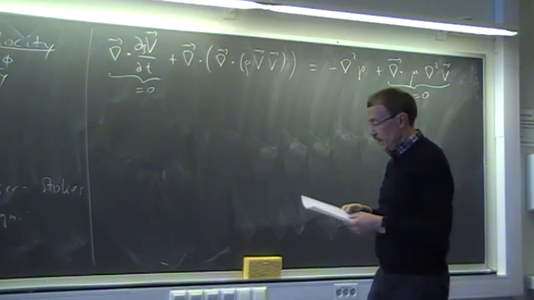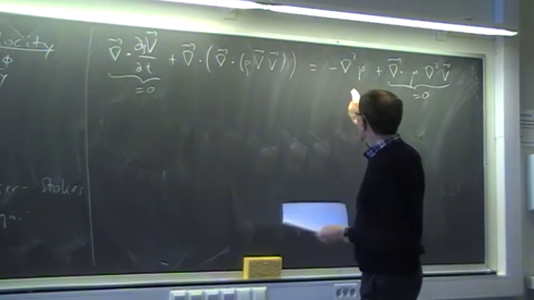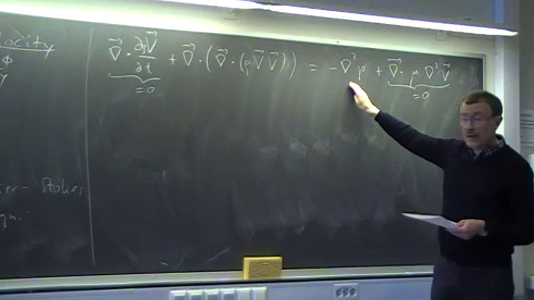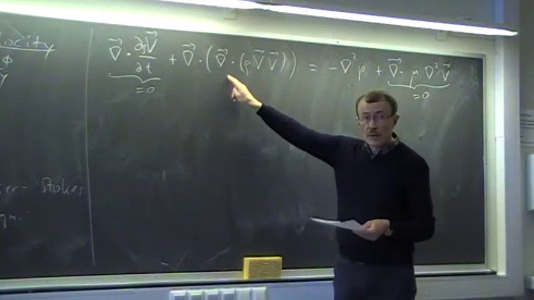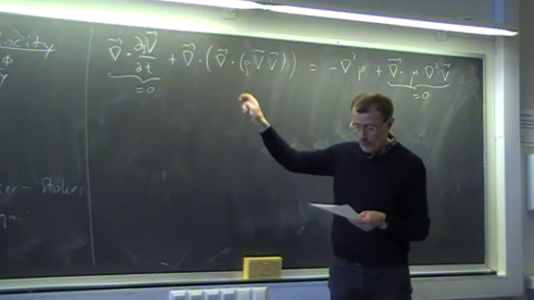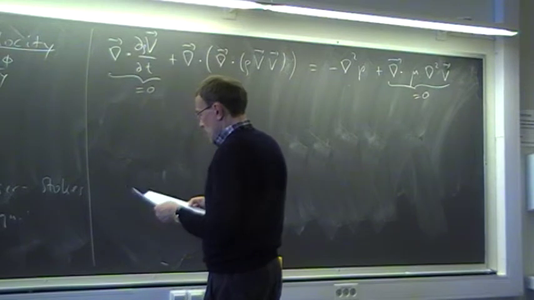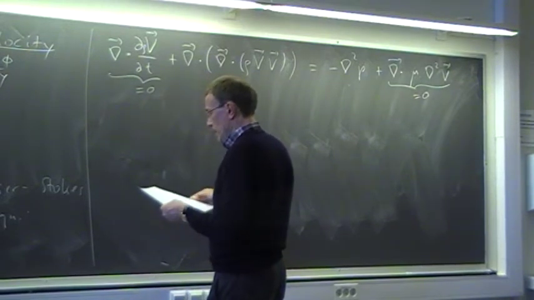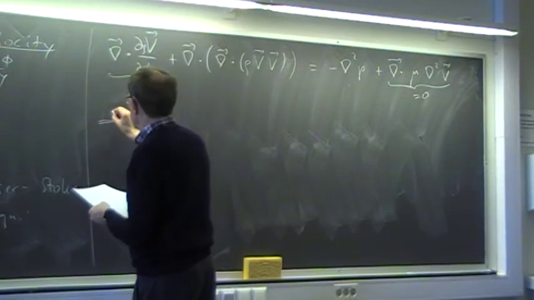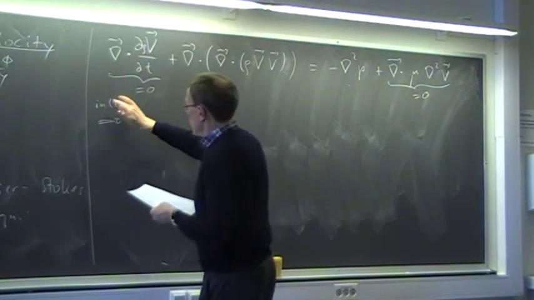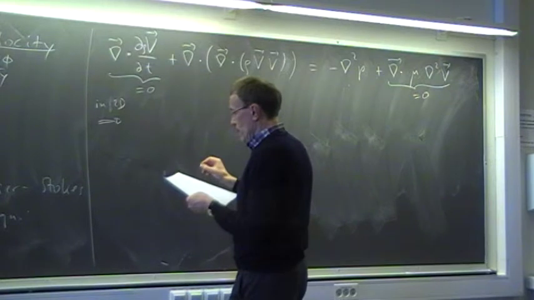So what we get in the end is that the Laplacian of p is equal to minus this divergence of the nonlinear term. Let's see. So we get the following. That is now 2D, so that we restrict ourselves now to that.